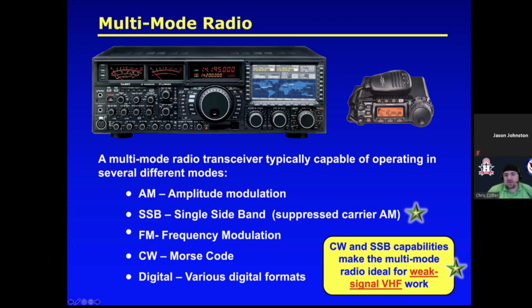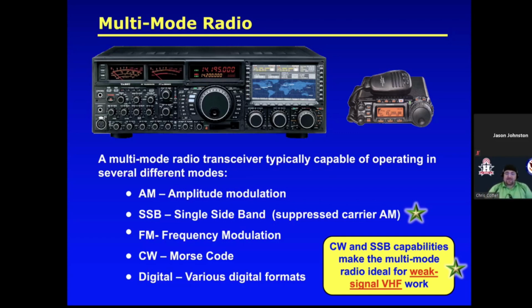The small mobile one right here will also do quite a bit of that, but you have to have some external hardware to make it work. This big monster radio has it all built in, whereas the small mobile one needs something additional to interface to the radio rather than having it all built in automatically.